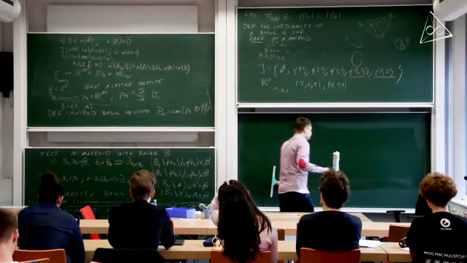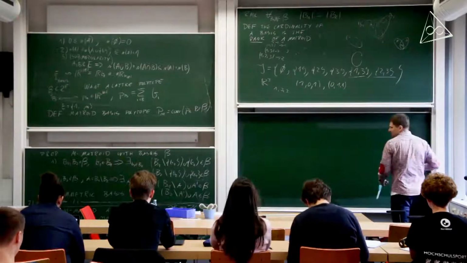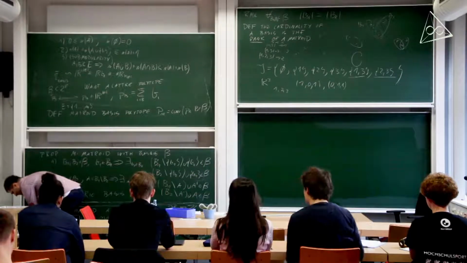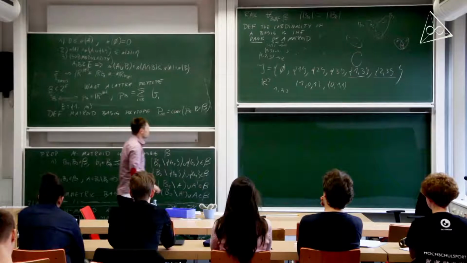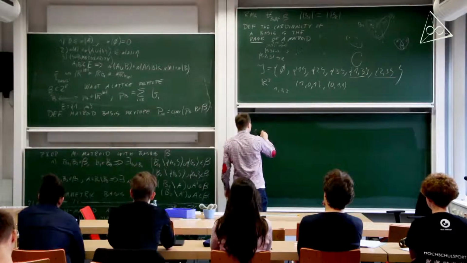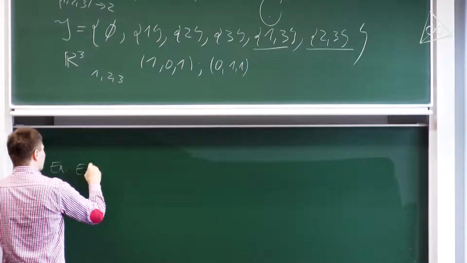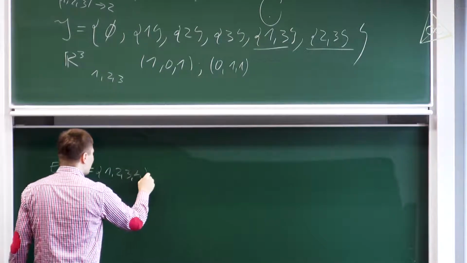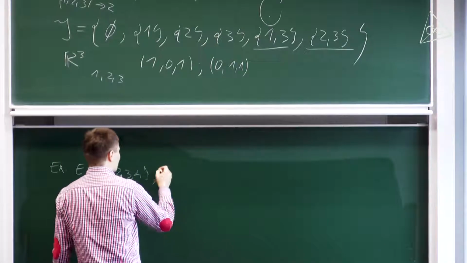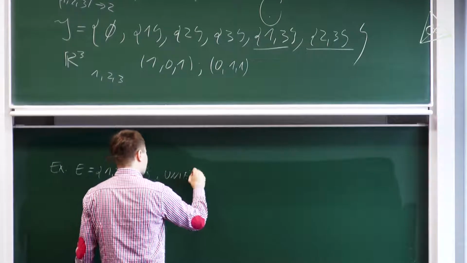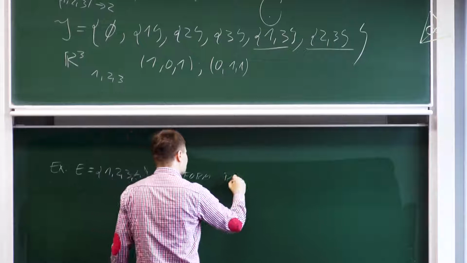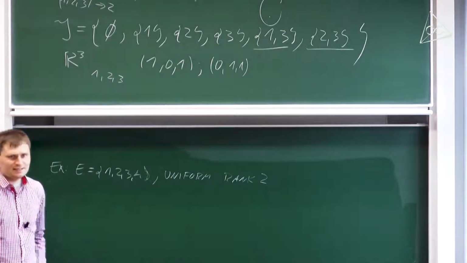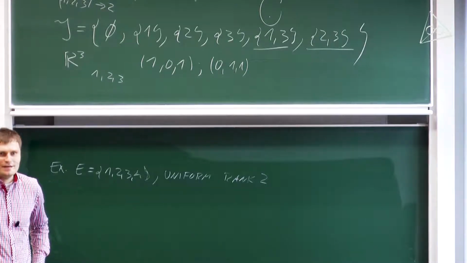Let's take a uniform rank 2 matroid on 4 elements. How many vertices has the associated polytope? So E has 4 elements, and I take a uniform matroid of rank 2. What does it mean? That a subset is independent if it contains at most 2 elements.